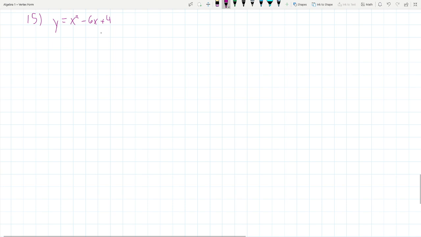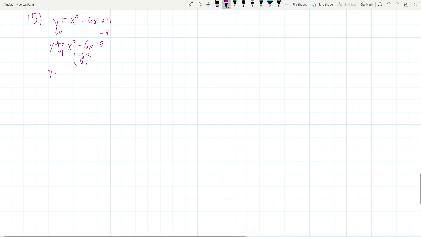So the way we could do that is we could subtract 4 from both sides, and I get y minus 4 equals x squared minus 6x. And then we do the same thing, where we do negative 6 over 2 squared. In this case, 6 over 2 is 3, 3 squared is 9, so I add 9 to both sides.